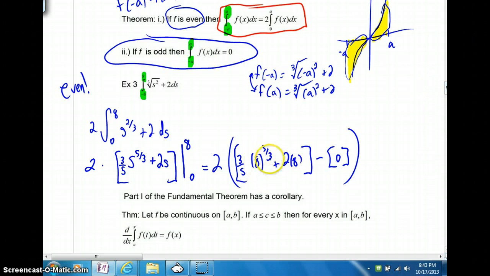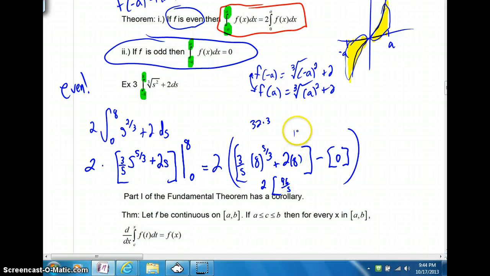Well, 8 to the 3/5, that's the cube root of 8, which is 2. And 2 to the 5th is 32. 32 times 3, well, I hope we know would be 96. So this is 96 all over 5.